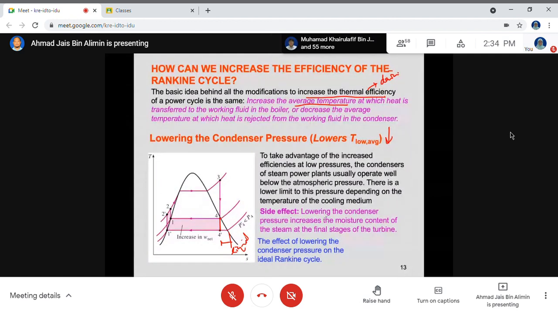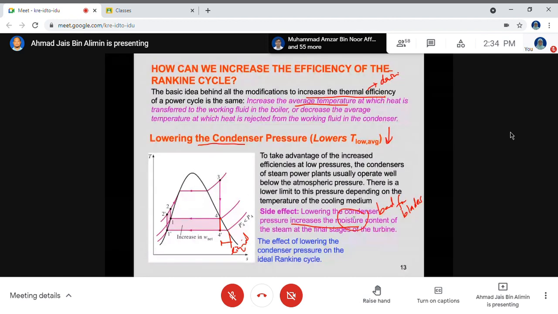So bila moisture bertambah, moisture is bad for blades. So we don't want that to happen. So we can lower the condenser pressure until the moisture content reaches a certain limit.